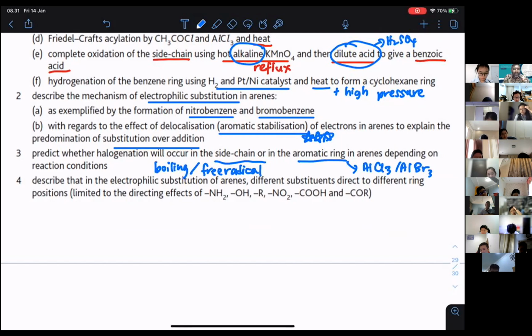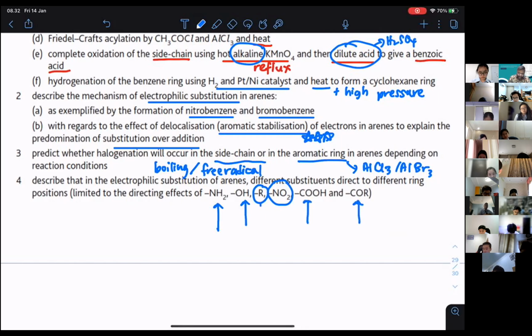And the last one, describe that electrophilic substitution will go to different parts of the ring. The one that is the focus is going to be the CH3, the R, and then we focus on nitro. But do remember they also included all this, which you need to remember.